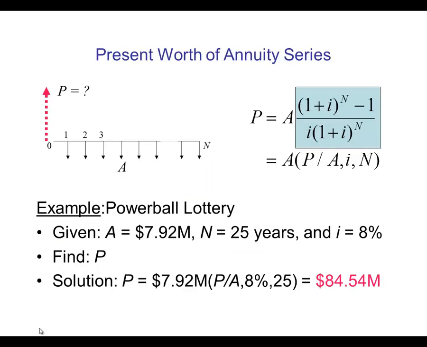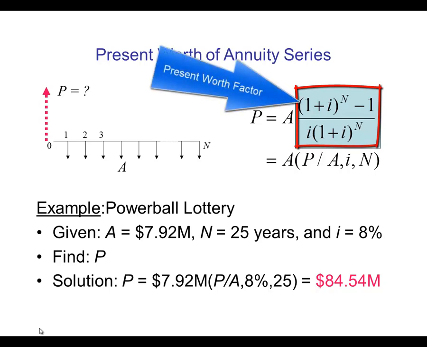The same way that I got the annuity, I can get the present value. So if I have the annual payment, the equal period payments, then I can also find the present value as we did before. The same formula can be used for this calculation. The formula that you can use to find the annuity can be used also to find the present value, and we call it the present worth of annuity series.